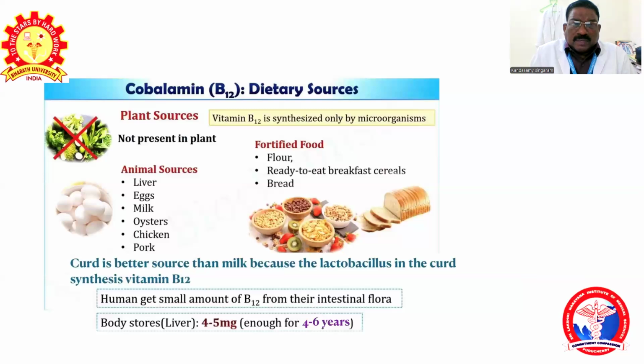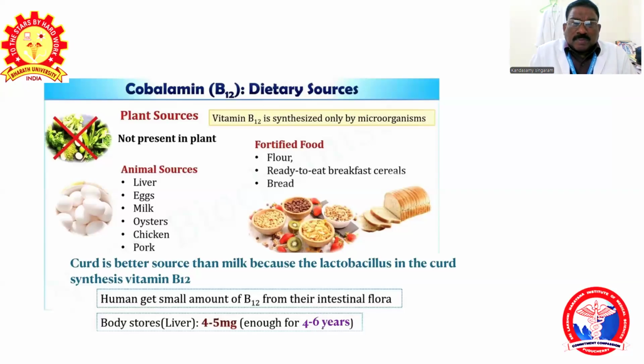Animal sources: liver, eggs, milk, oyster, chicken, fish. Fortified foods also contain vitamin B12: flour, ready to eat breakfast cereals, bread. Curd is a better source than milk because lactobacillus in the curd will synthesize vitamin B12. So curd is a better source than milk.